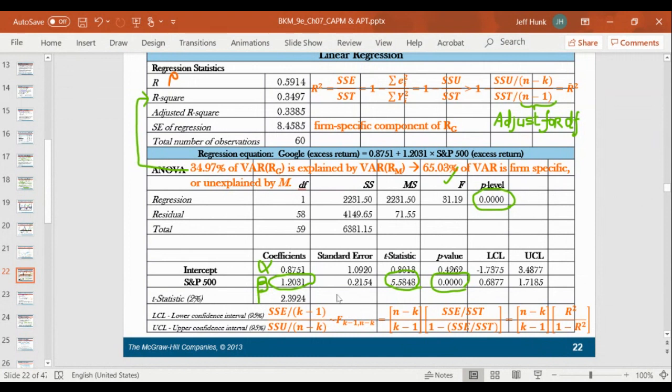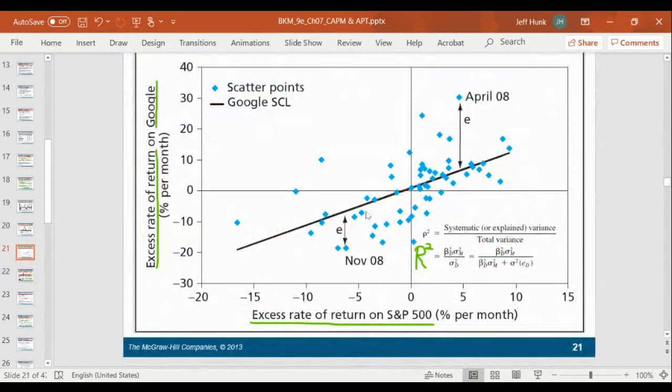That means Google's beta with S&P 500 is 1.2. In other words, that's the slope of this regression line.